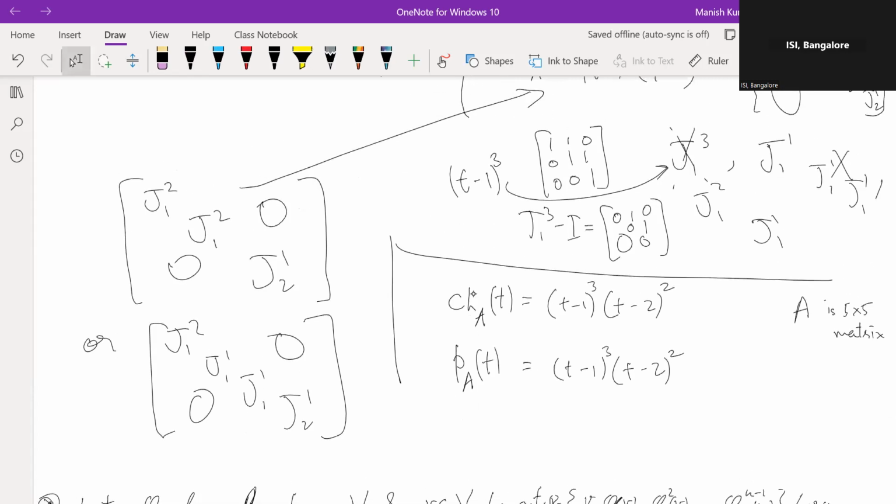So what are the possibilities for the Jordan form in this case? I guess we already decided J13 has to be there, yeah? What else should be there?